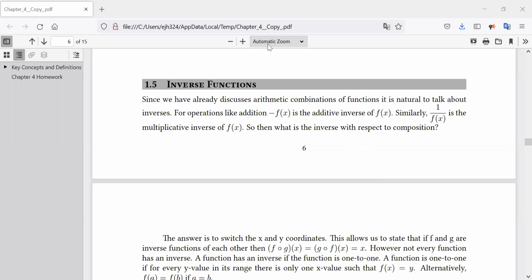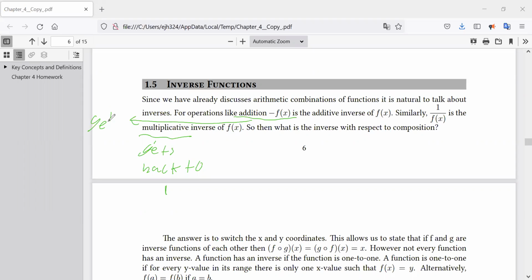So when I was looking at the multiplicative inverse, what was I trying to get back to? 1. Yeah. The multiplicative inverse gets me back to 1. What does the additive inverse get you back to? 0.